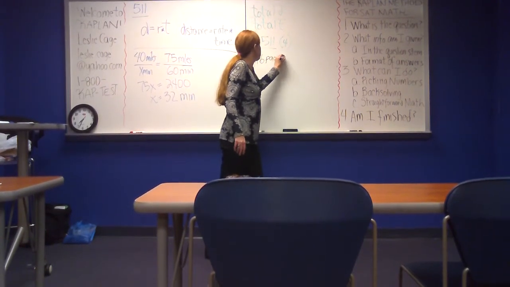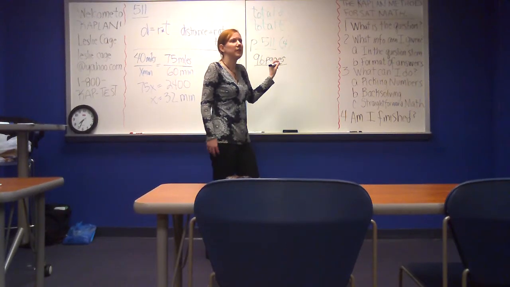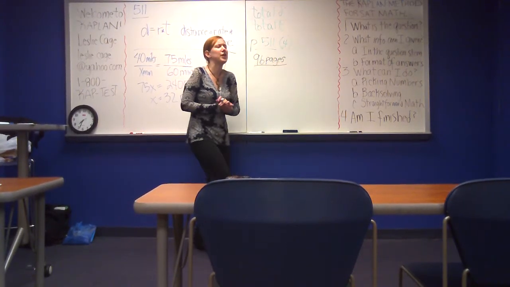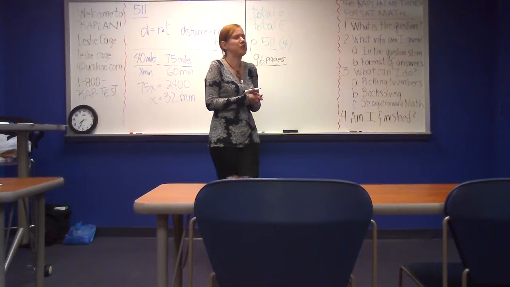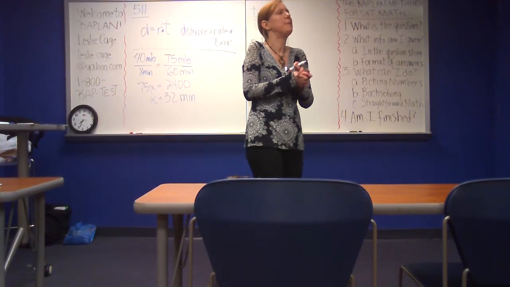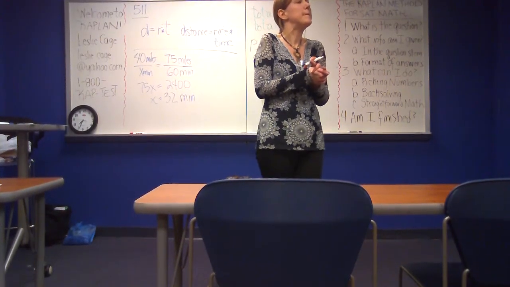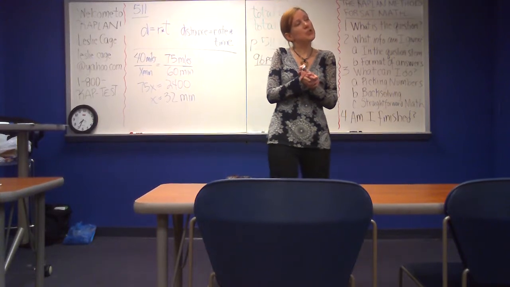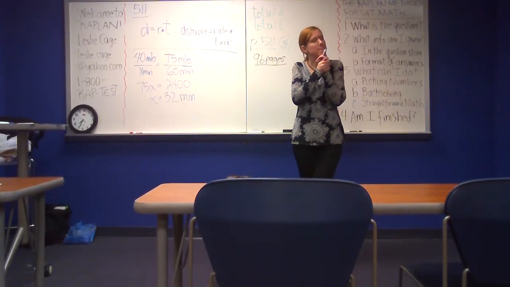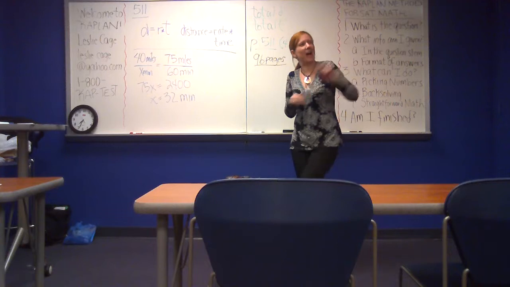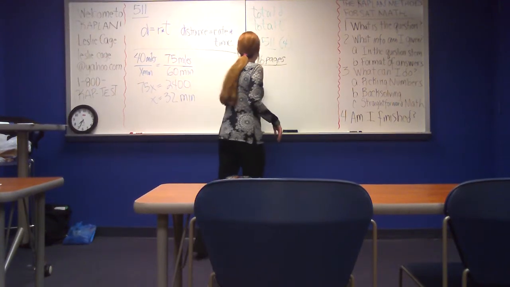And how long does it take him to read these 96 pages? 2 hours and 40 minutes. Okay, so what are we going to put as the denominator? Are we going to put 2.4? 100 minutes? 2 hours and 40 minutes? Maybe 160 minutes. Awesome, that's exactly what you put.